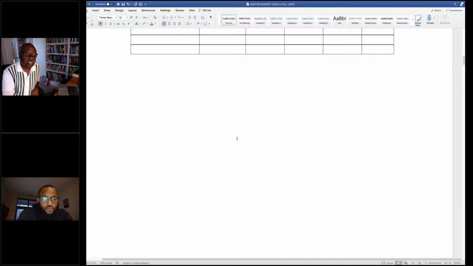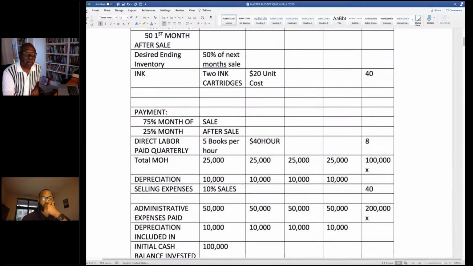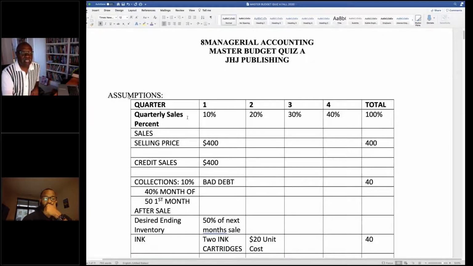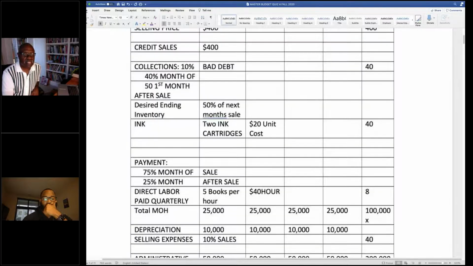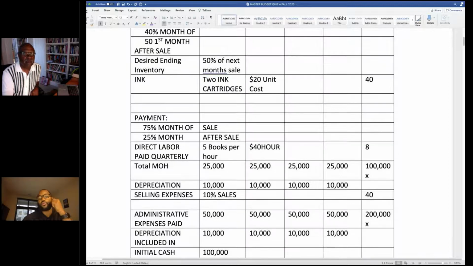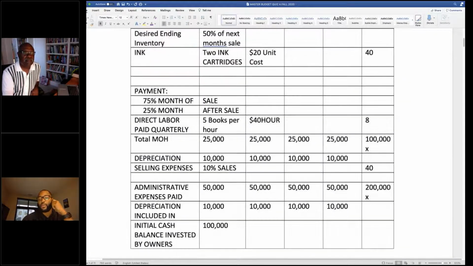Let's go up here and look at our assumptions. Quarterly sales, selling price, bad debt, collections, desired inventory, ink cartridges, payment, okay. That's why I couldn't find them.